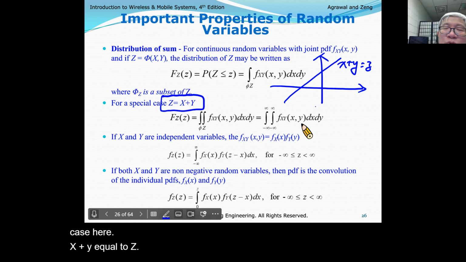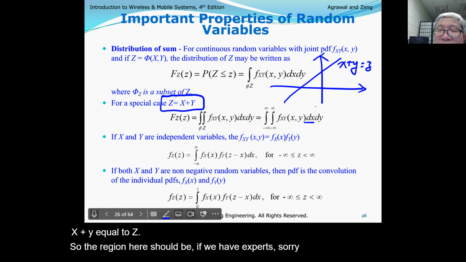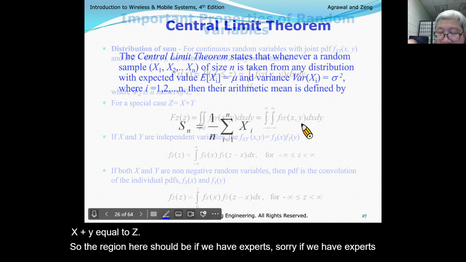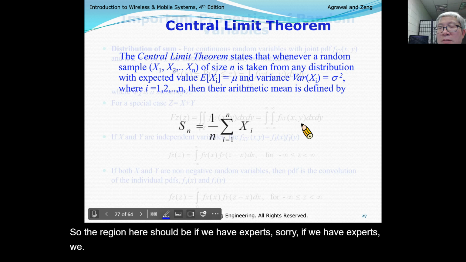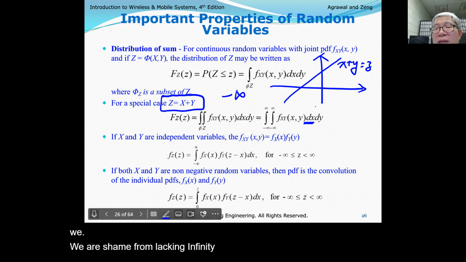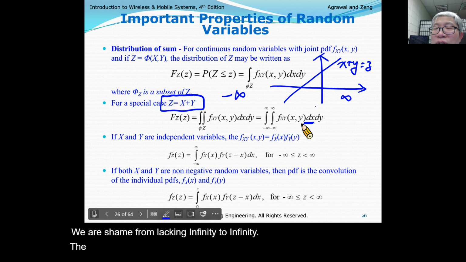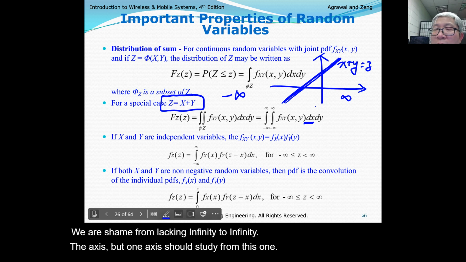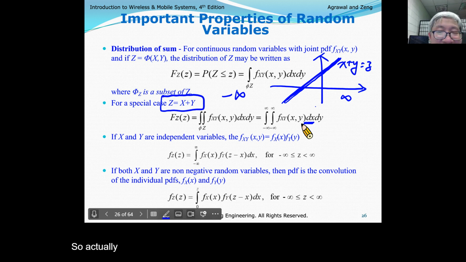So the region here should be, if we have x first, we assume from negative infinity to infinity for x, but y actually should start from this one. So x first, sorry, I need to change it.